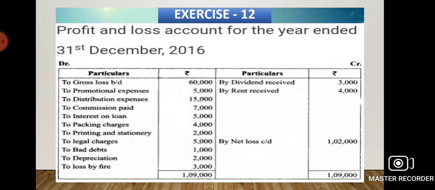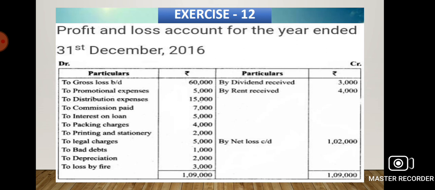Okay, so in this question, from the following information, prepare the profit and loss account for the year ending 31st December 2016. First we will come to the debit side. To gross loss 60,000, to promotional expenses, all the expenses will be entered into the debit side of the profit and loss account.